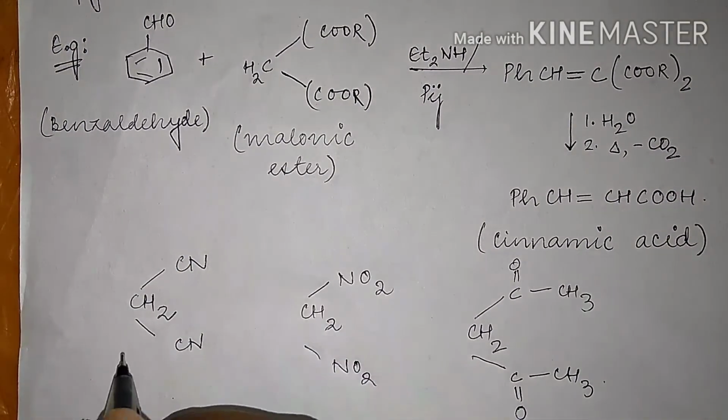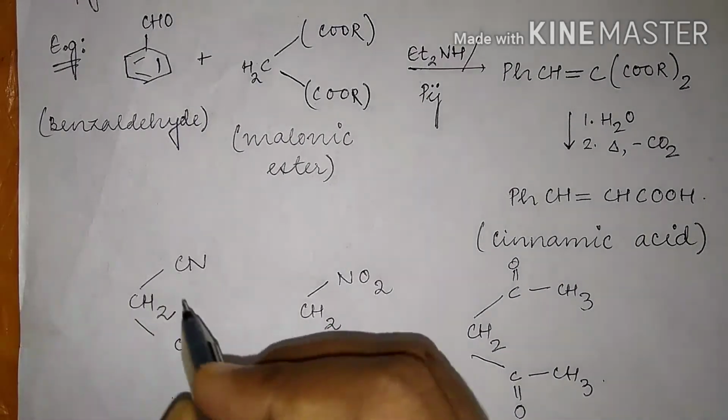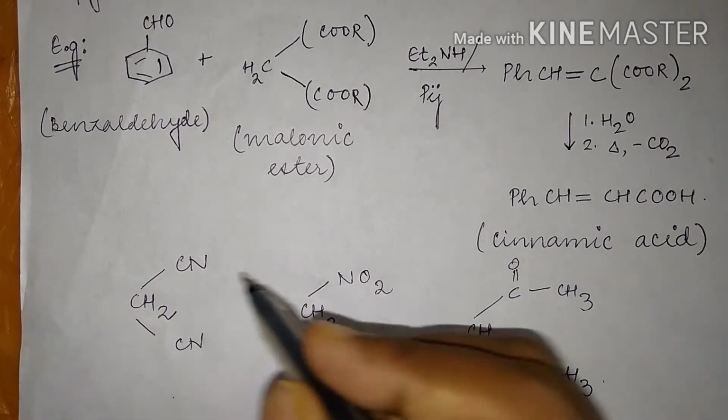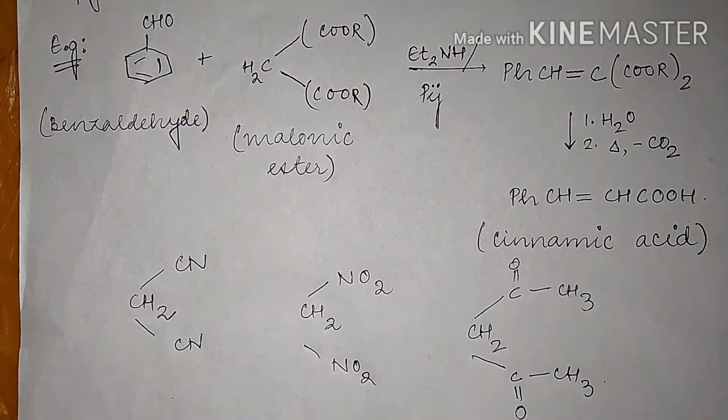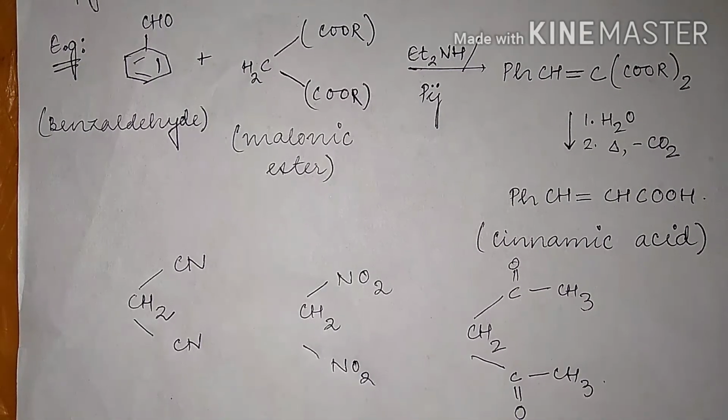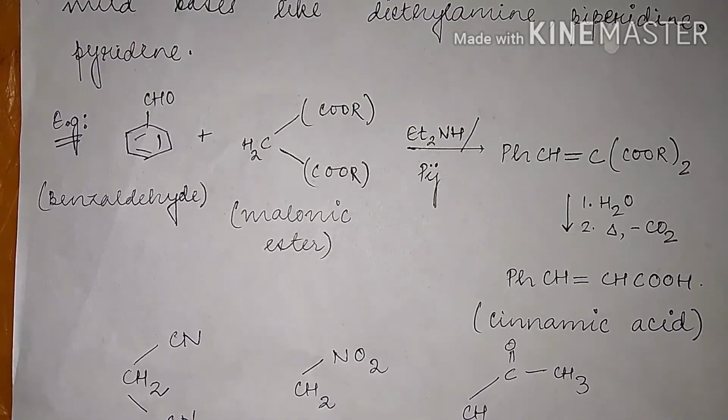If such a species is present in which the CH2 is bridged between two electron withdrawing groups, then that CH2 is known as an active methylene group or active methylene compound.